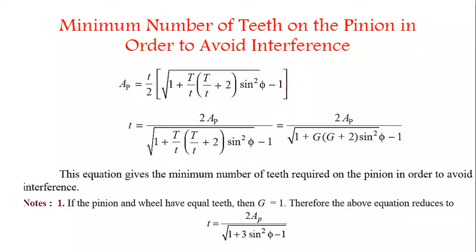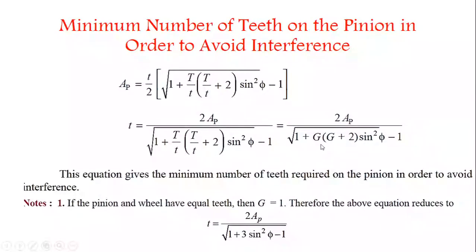Here capital T is the number of teeth on the gear wheel and small t is the number of teeth on the pinion, G is the gear ratio, and pi is the pressure angle of the gear tooth. Now G is nothing but gear ratio. Gear ratio equals capital T divided by small t.